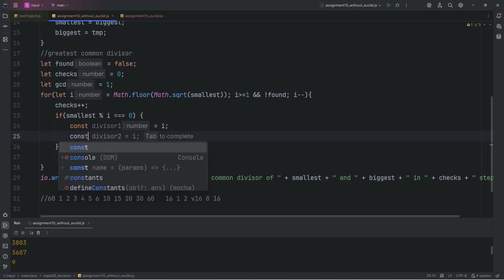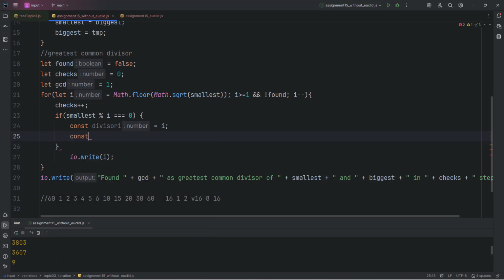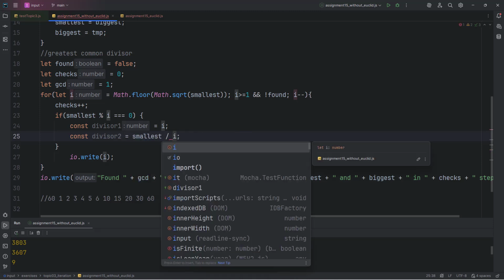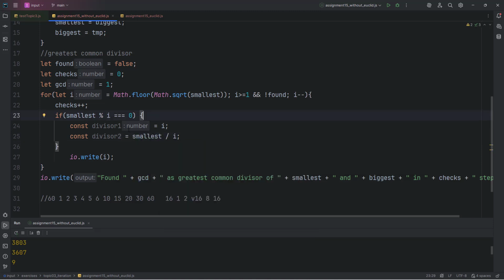And const divisor 2 being smallest divided by I, okay? So I'm just cleaning up shop. If I have found a divisor, then I know that this divisor is the first divisor, and the other one, the complementary divisor, is on the other side.